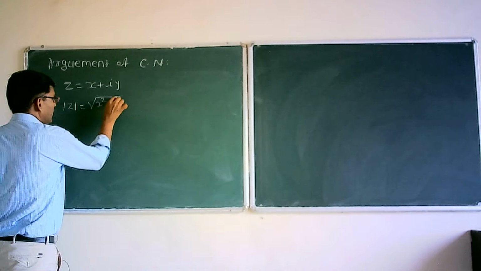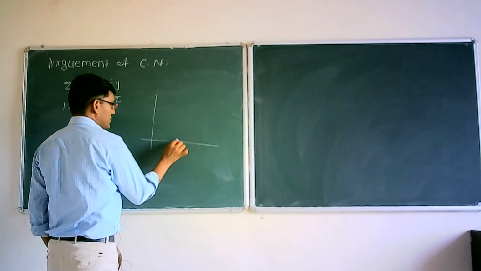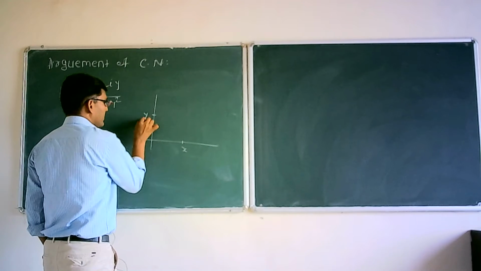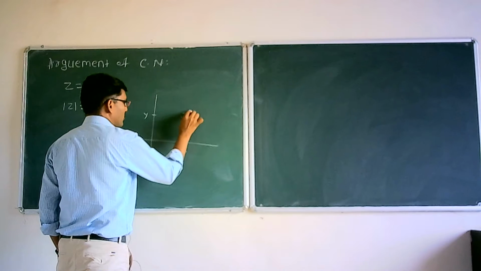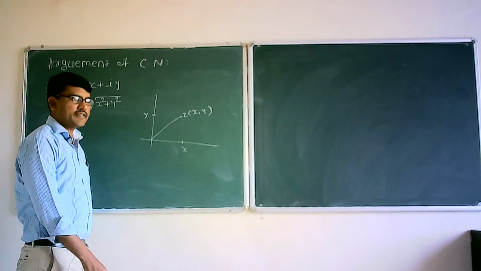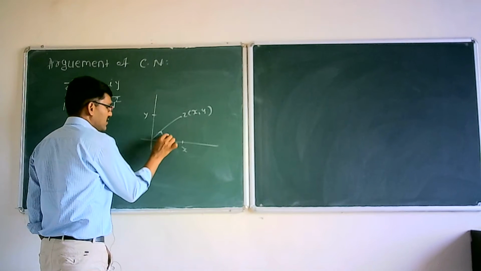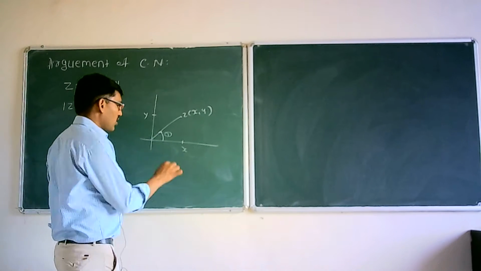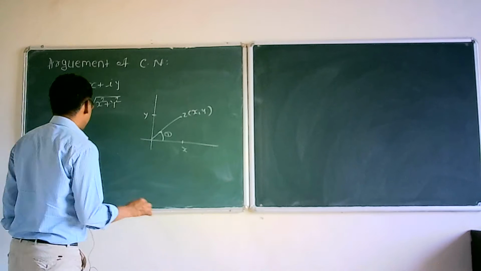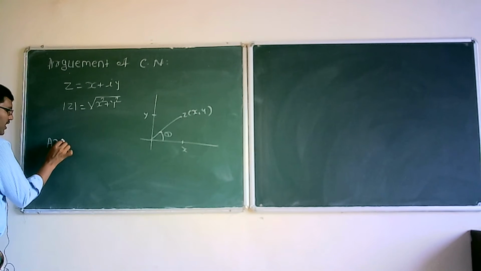It represents the distance from the origin. If this is x and here is y, then here is the point z = (x, y), and if we connect it to the origin, it creates a positive angle with respect to the x axis. This angle is called theta, or the argument of complex number z. It is denoted by arg of z.